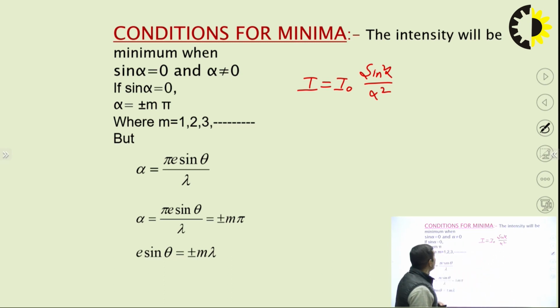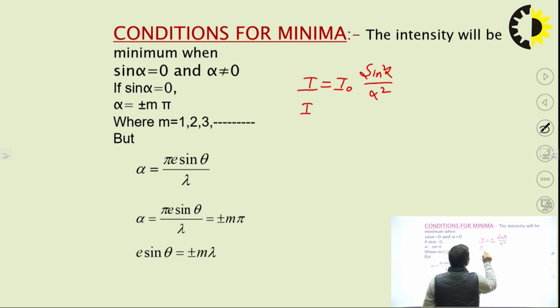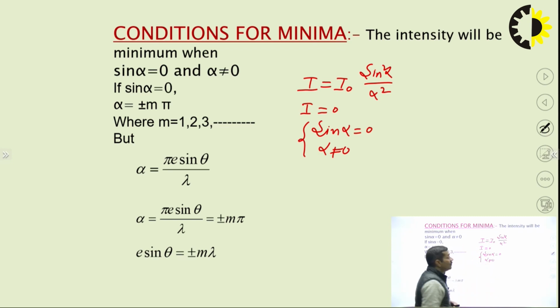For minimum intensity, I must be 0, and it will be 0 if sine alpha equals 0 and alpha is not equal to 0. If alpha is 0, it again gives the condition for the central maximum. So for minima, sine alpha is 0 and alpha is not equal to 0.